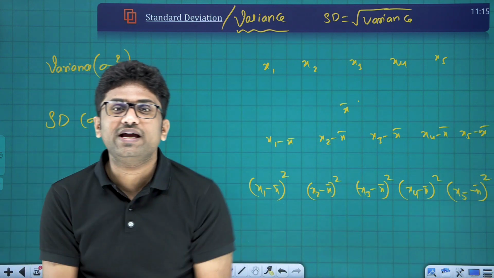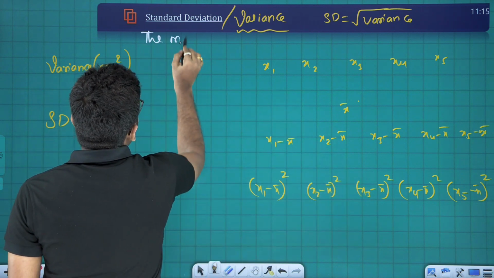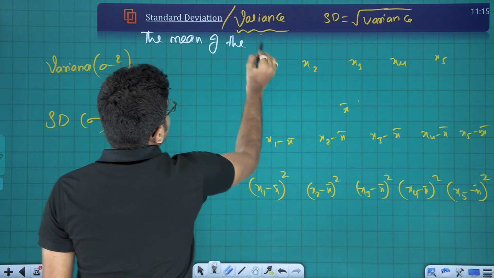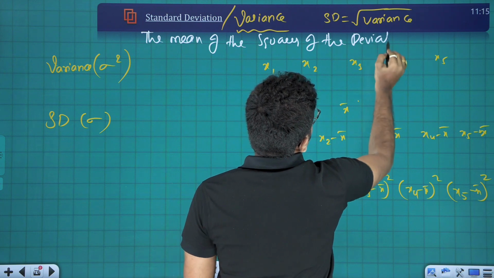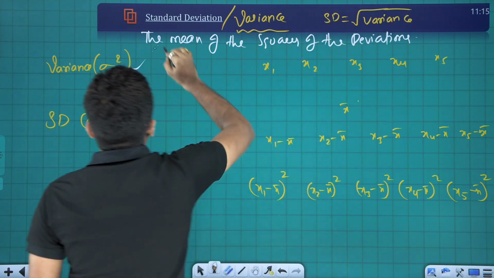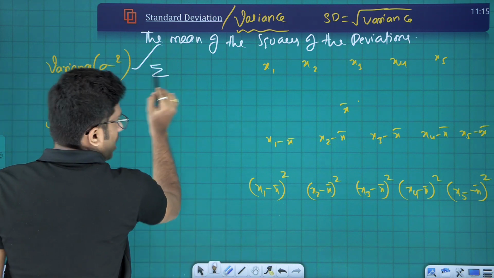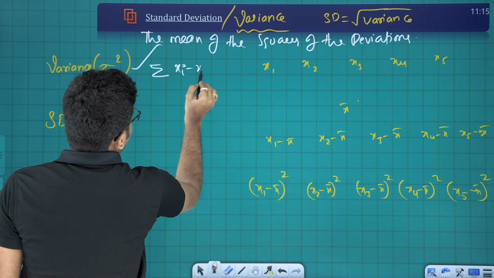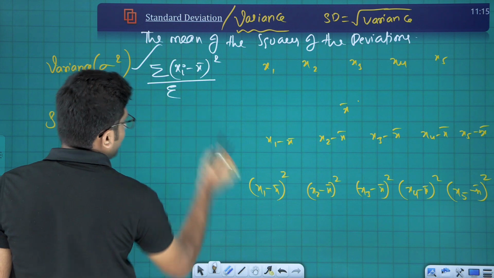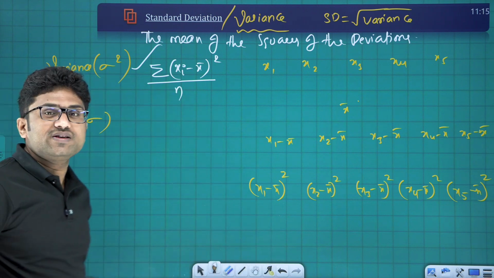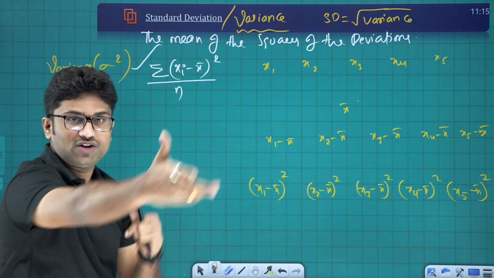The mean of the squares of the deviations is called variance. Variance is nothing but the mean of squares of the deviations, that is sigma (xi minus x bar) whole square divided by sigma fi, or n.